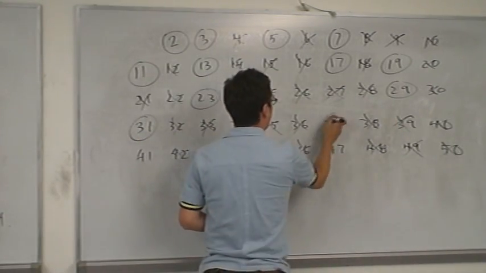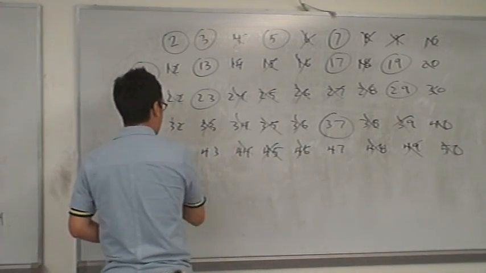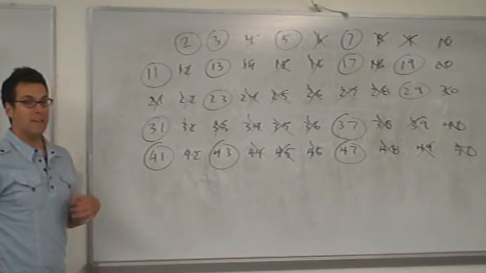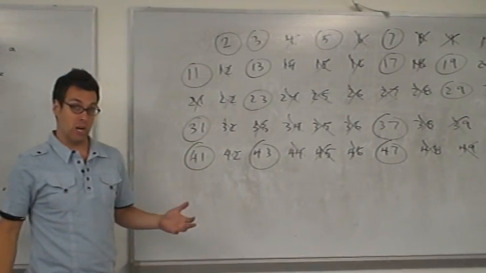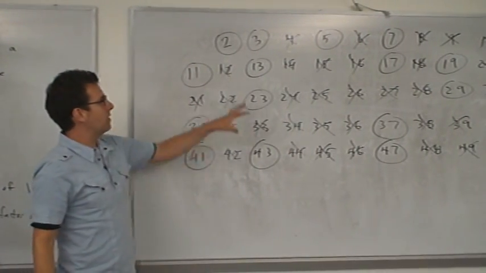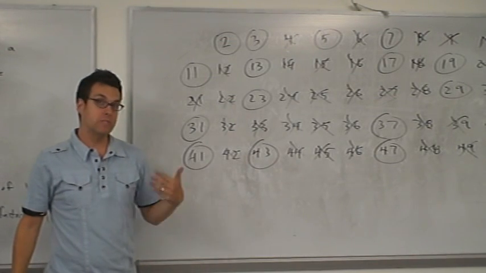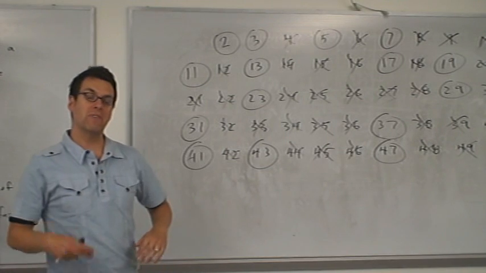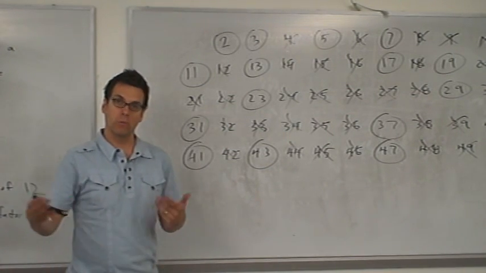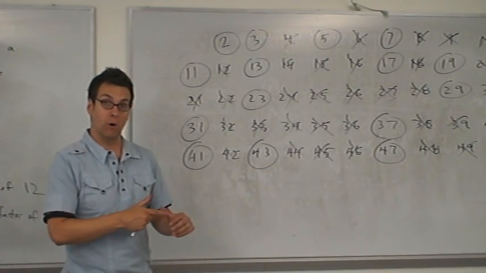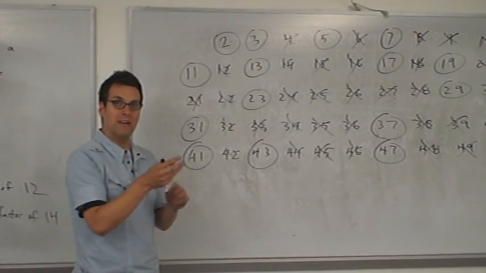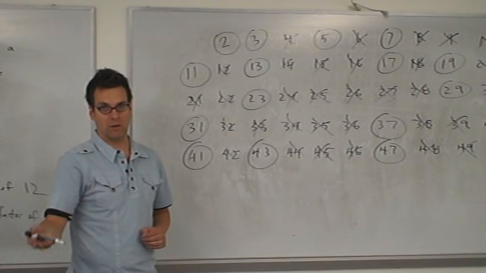What we would like to notice is that each of these circled numbers has a specific property that they share. All of the numbers that are circled have no divisors other than themselves and 1. Because if they had other divisors, they would have been crossed out. For example, all of the multiples of 2 are crossed out, so if any number has a divisor of 2, it's been crossed out.